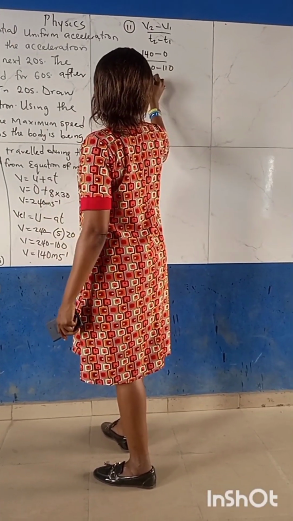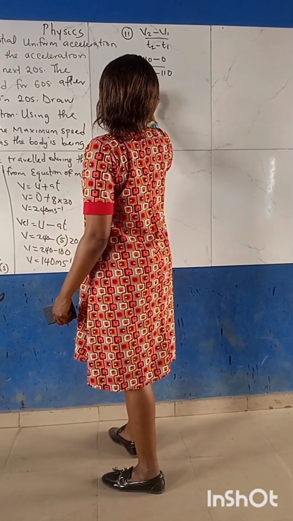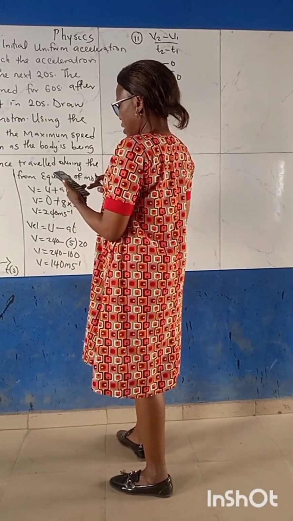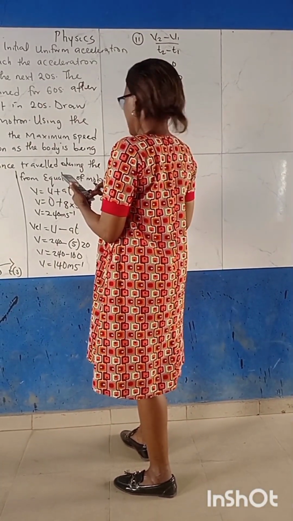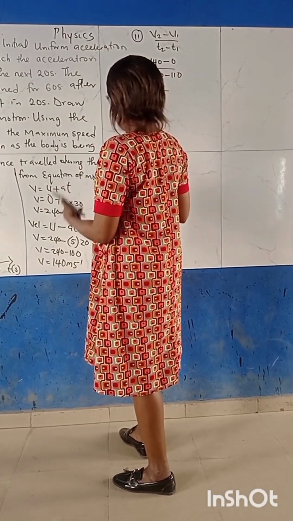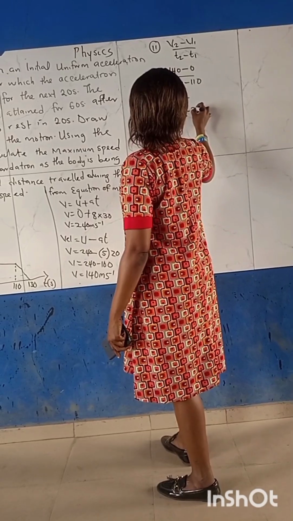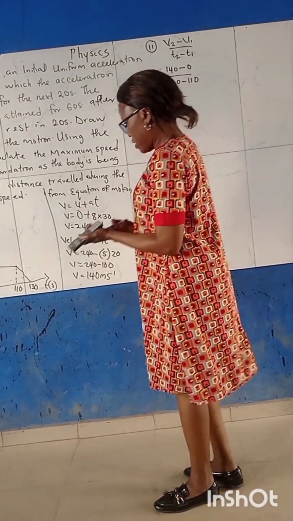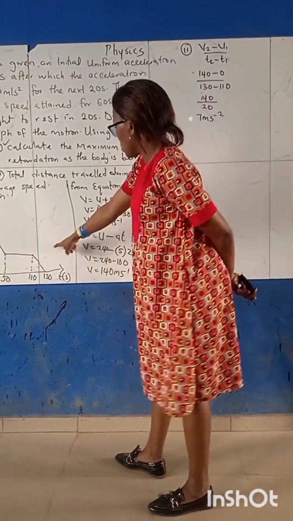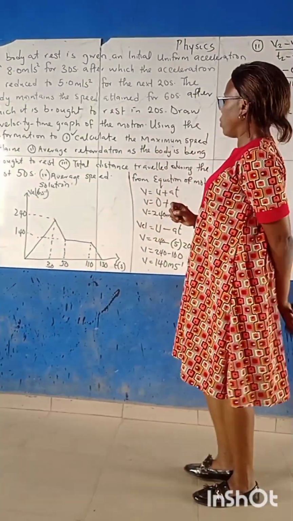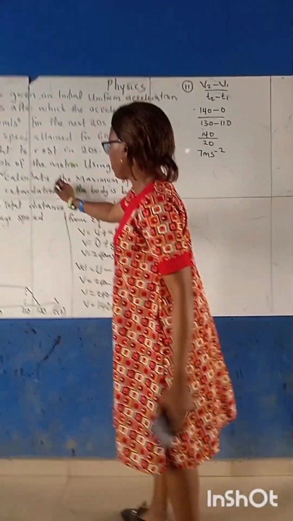That will be 140 divided by 20. So my retardation is 140 divided by 20, and that's going to give me 7 meters per second squared. So this is my retardation as the body is coming to rest. Now I've solved the second question.